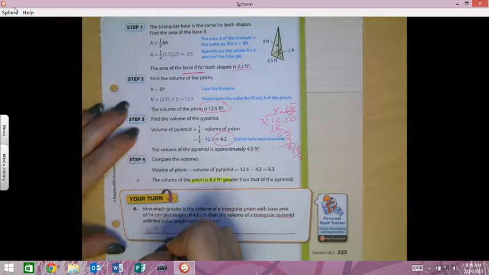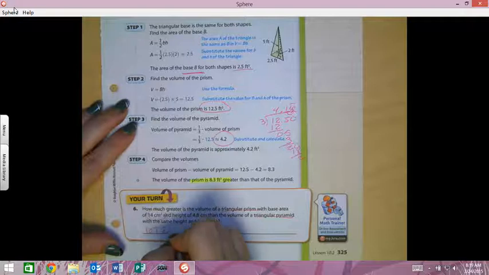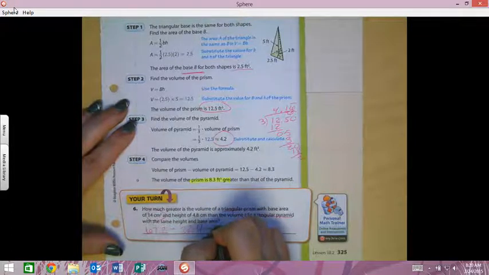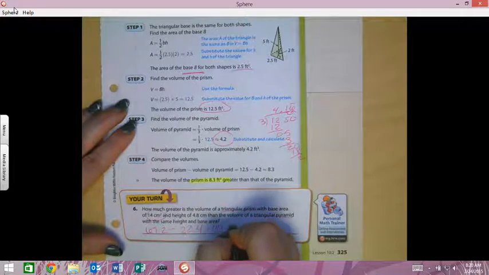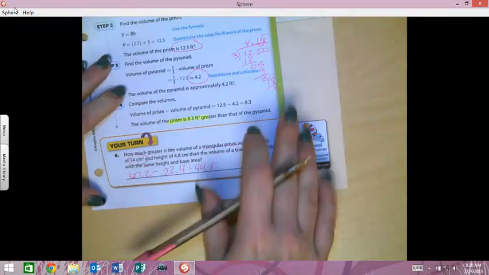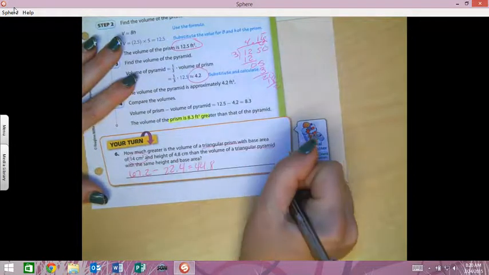Okay, the volume of your prism is going to be 67.2. The volume of your pyramid is 22.4. So when we subtract, we get 44.8.